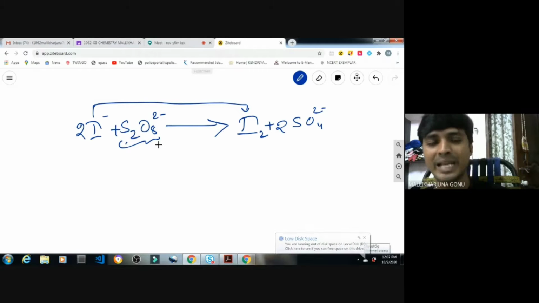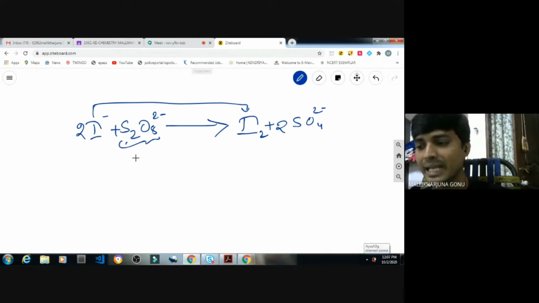Here no D block element is present. But to promote this reaction we require a catalyst in the form of Fe3+ or Fe2+. How does this reaction happen?